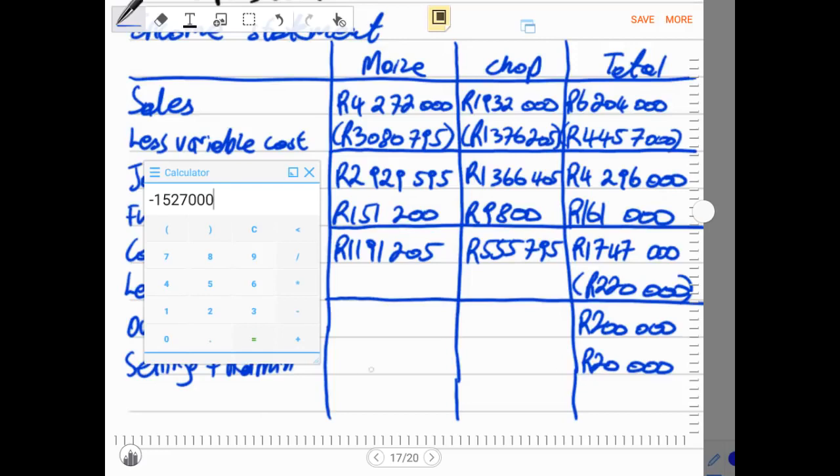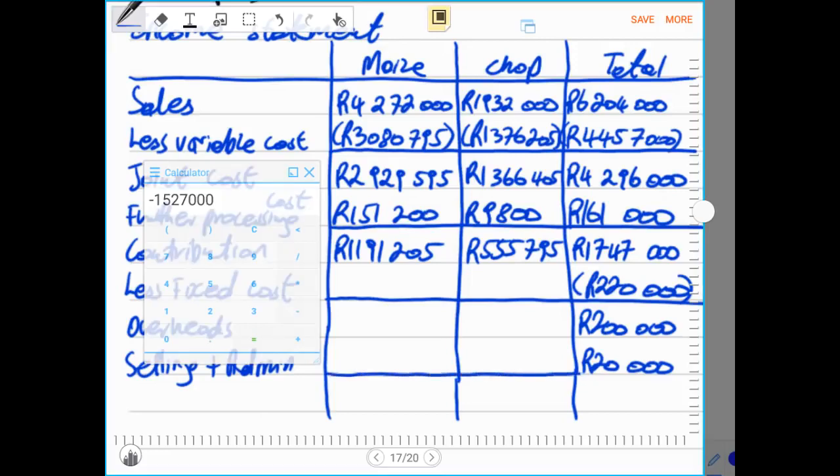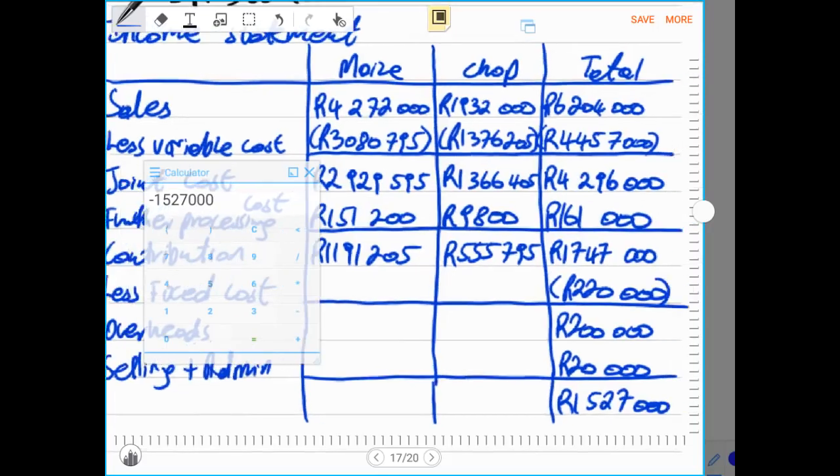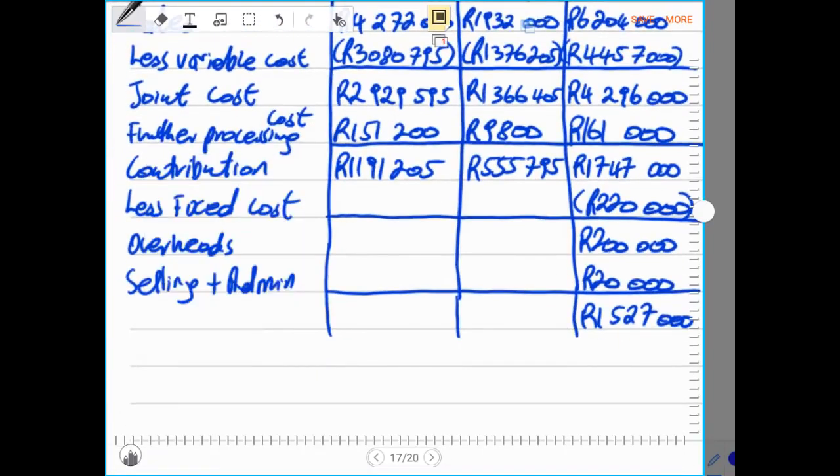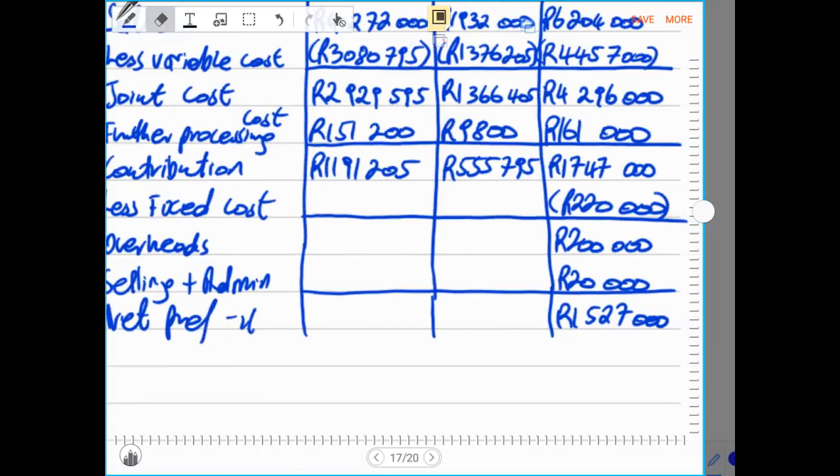This gives us the net profit, and this net profit is a total of 1,527,000. This becomes the net profit.